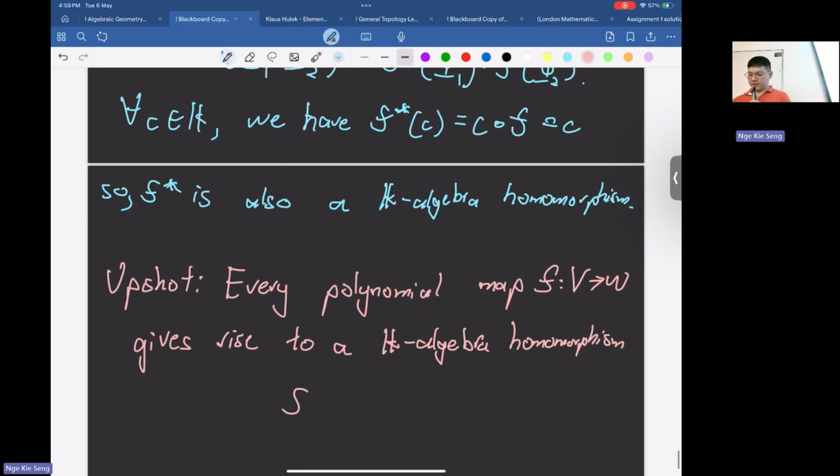Okay, how does it give rise? So this f star here is going from where to where? Actually going from KW to KV. So you can see that actually it swaps. You can swap the variety inside this coordinate ring. How to define?